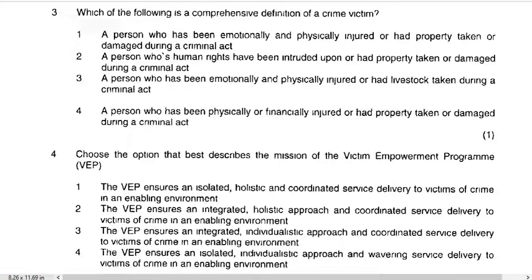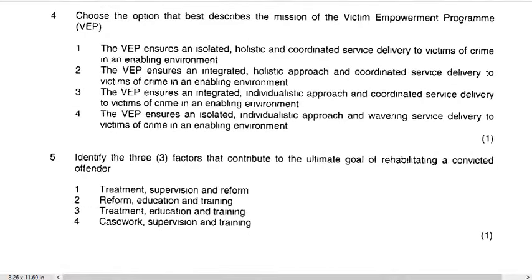Question 4. Choose the option that best describes the mission of the Victim Empowerment Program.